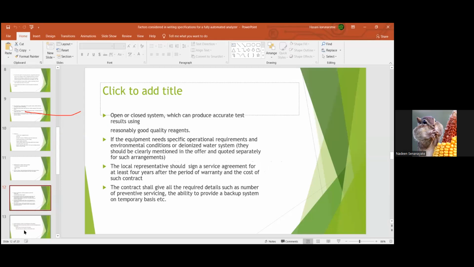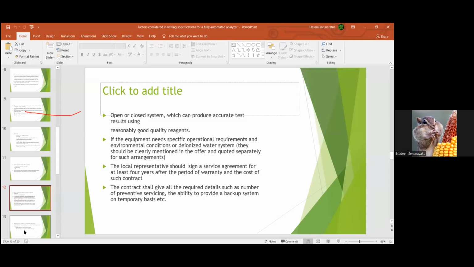The analyzer may be an open or closed system. It is better if it is an open system, which can produce accurate test results using reasonably good quality reagents. If the equipment needs specific operational requirements and environmental conditions or a deionized water system, they should be clearly mentioned in the offer and quoted separately for such arrangements.